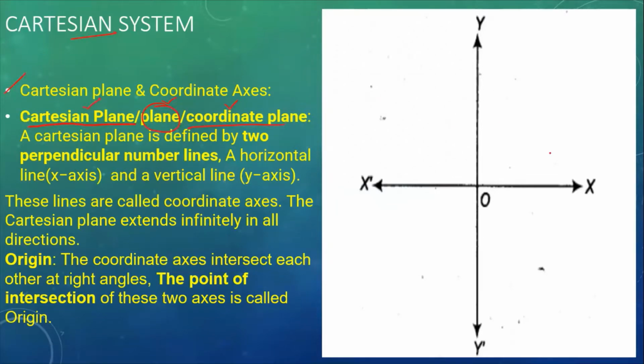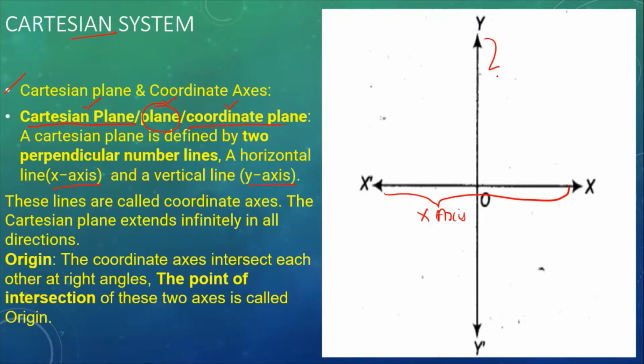This Cartesian plane is basically defined by two perpendicular number lines. What are these number lines? That is the x-axis and the y-axis. So a Cartesian plane is defined by two perpendicular number lines, a horizontal line, the x-axis, and a vertical line, the y-axis. In this image, the horizontal line which you can see is the x-axis, clear?